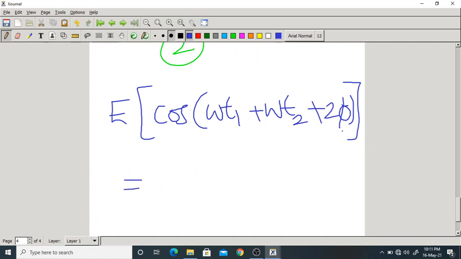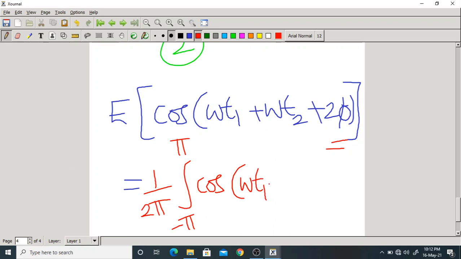What is the random variable here? It is pi, with PDF 1 by 2 pi. So we integrate 1 by 2 pi, from minus pi to pi, cos of omega t1 plus omega t2 plus 2 pi, d pi. Can you calculate this?